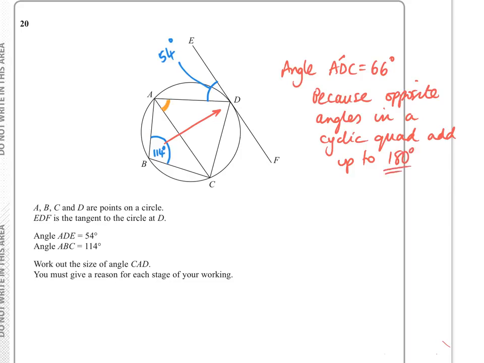I think in this case you can just say 66 because you've shown, but if you don't want to do that, you can just do a little calculation here, okay?